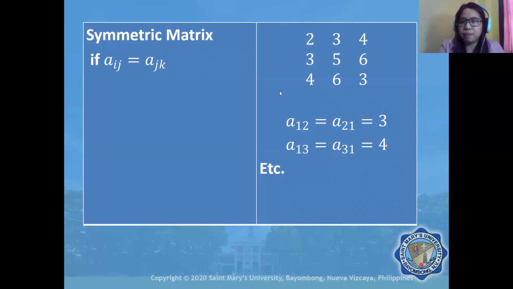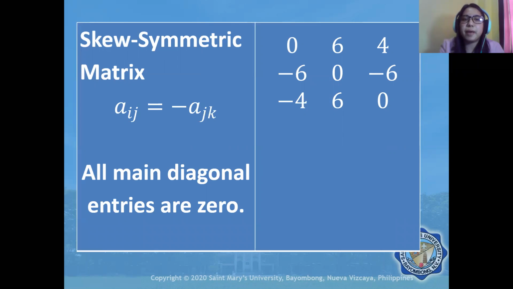Okay, next. Skew symmetric matrix. So we also have what we call a skew symmetric matrix. This is when a sub i j is equal to the negative of a sub j i. So all main diagonal entries are 0. So we have here the main diagonal, it is 0.